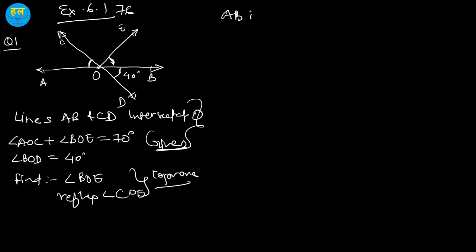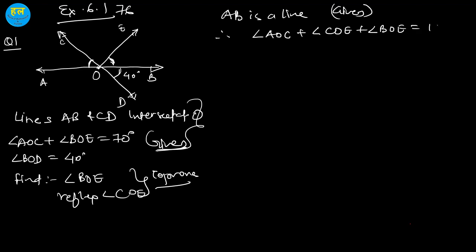AB is a line, this is given. Since AB is a line, therefore angle AOC plus angle COE plus angle BOE is equal to 180 degrees. Why? Because of linear pair.